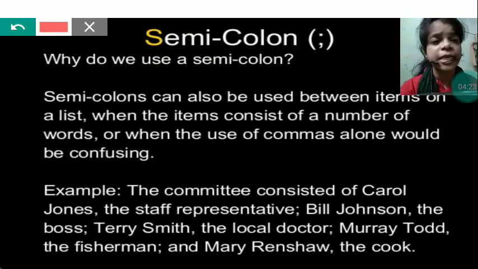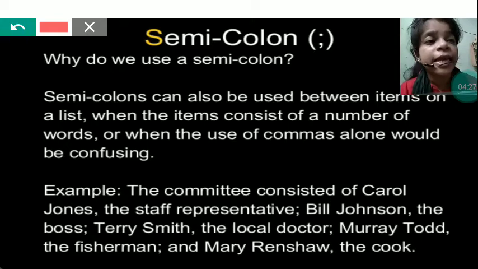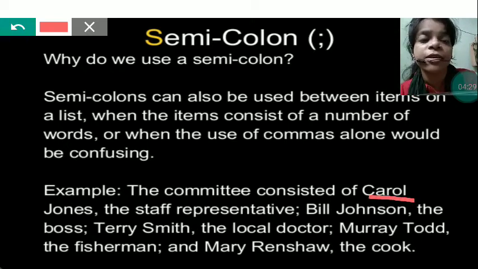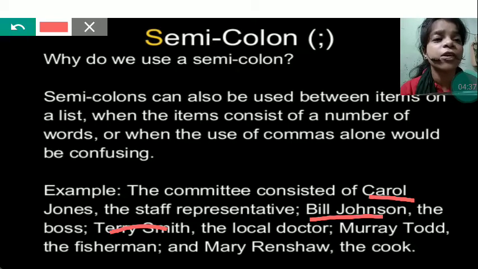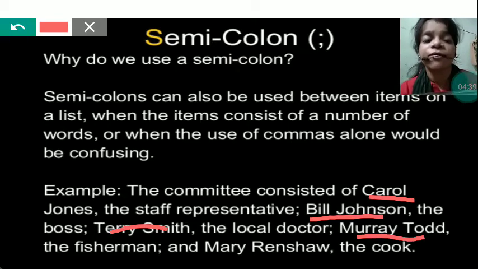Now you can see the sentence is about a committee in which the first member is Carol Jones, who is the staff representative, then Bill Johnson, who is the boss, then Terry Smith, the local doctor, then Murray Todd, the fisherman, and Mary Renisha, the cook.